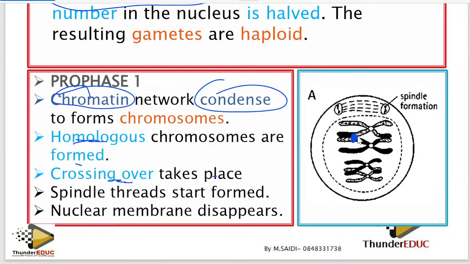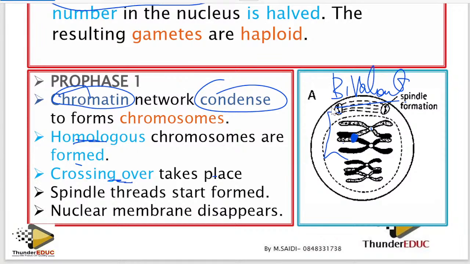This is where crossing over takes place. Please don't confuse chiasma with centromere. This is a centromere, this is a centriole, this is a spindle fiber, this is a centriole, this is a centromere, and the whole chromosome pair is called homologous chromosomes. Sometimes we call it bivalent. Bivalent. Yes. So I think I'm clear there.